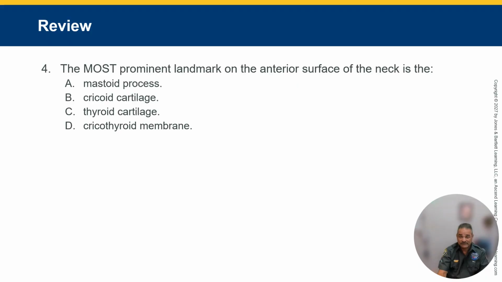All right, the most. And notice this big letter, most. So it's number 1. There can only be one answer here. Most, in capital letters, prominent landmark on the anterior surface of the neck. So anterior, of the neck is what? What do you think?